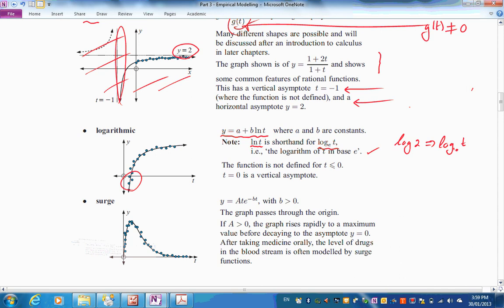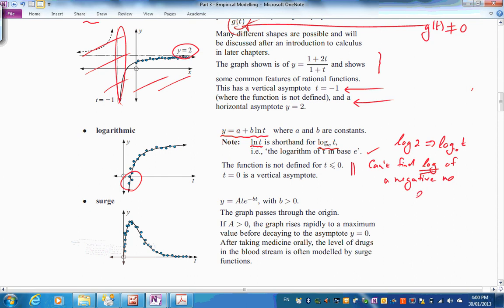So what do you notice? Well, you can't find the log of a negative number. I'll write that down: can't find the log to a positive base of any negative number. Why? Because the log is the power you raise the base to. If you raise e, which is approximately 2.718, to any power, you can't get a negative.